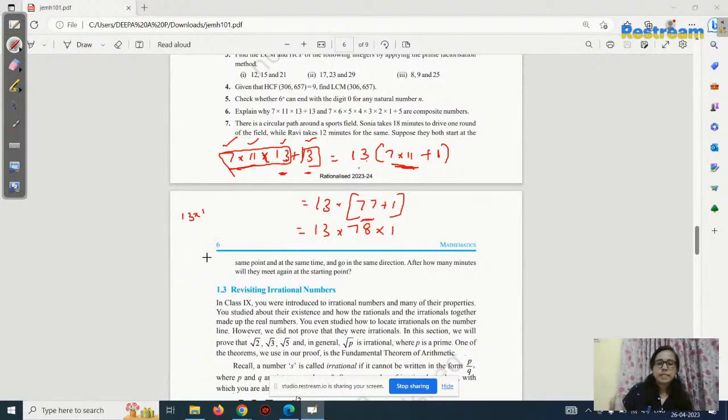So you can write, since there are more than 2 factors, the number 7 into 11 into 13 plus 13 is a composite number.